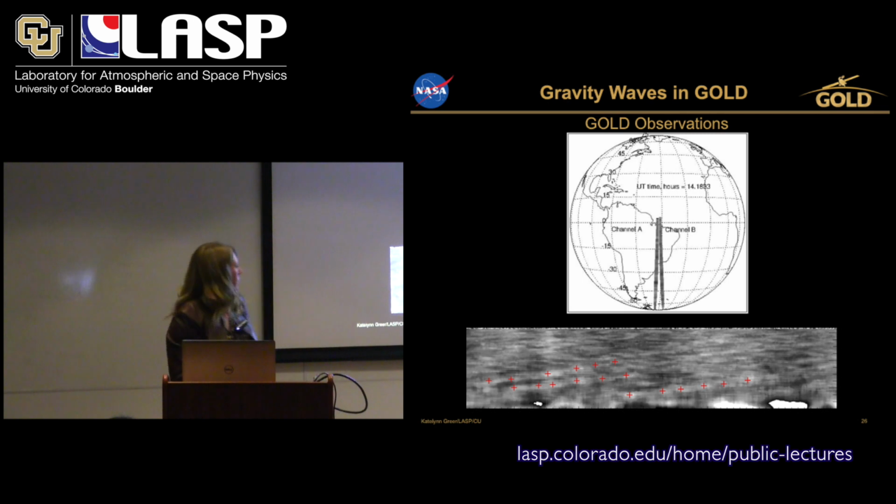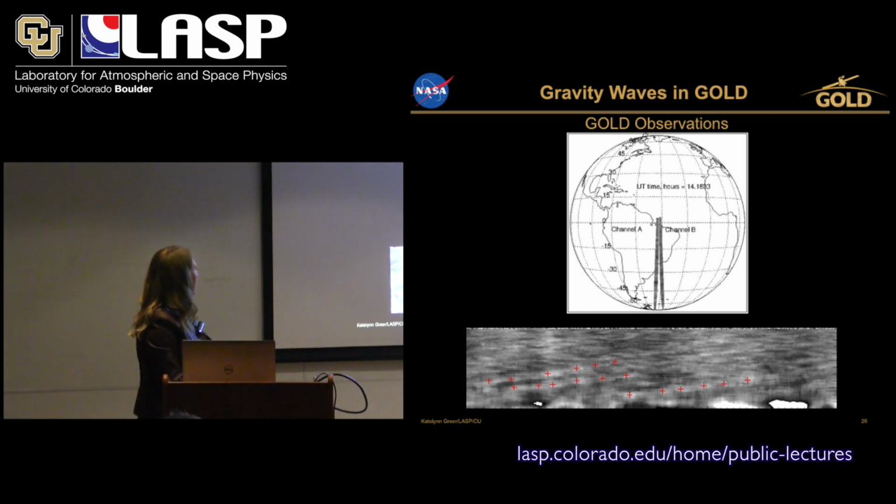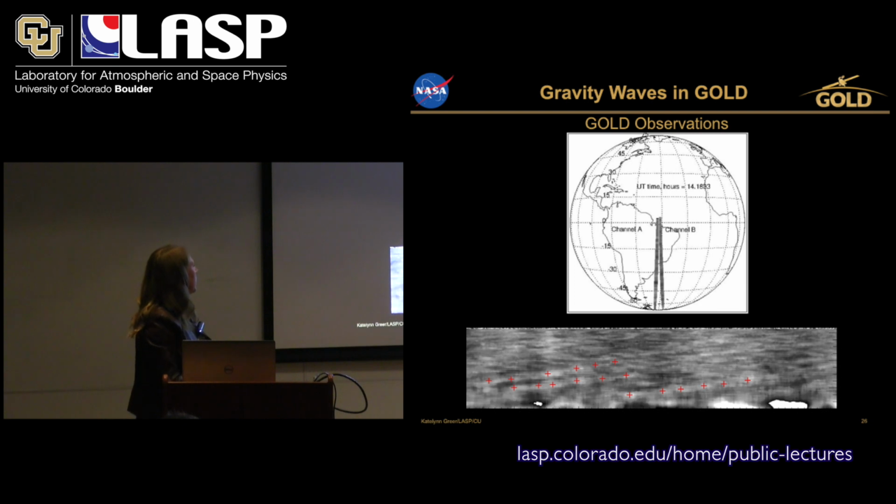So these are some results. I apologize, my axes have disappeared. On the x-axis should be time, so this is several hours of time. And on the y-axis, this is latitude. The red crosses are trying to indicate the wave-like features that we have observed with GOLD.